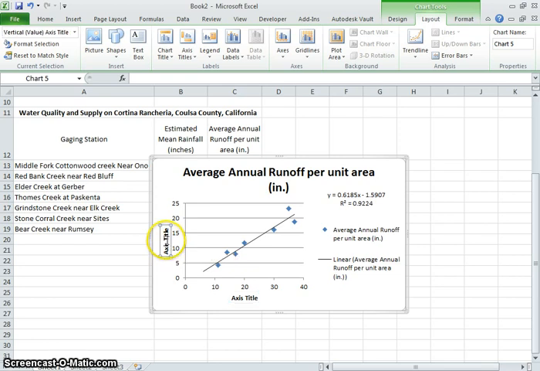I'm going to change this title, so if I double click it, I should be able to delete what was in there and type in average annual runoff in inches.